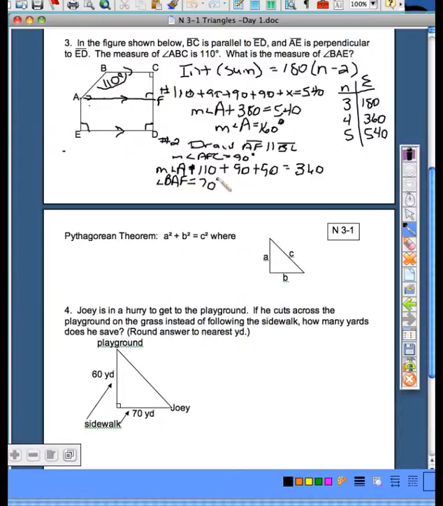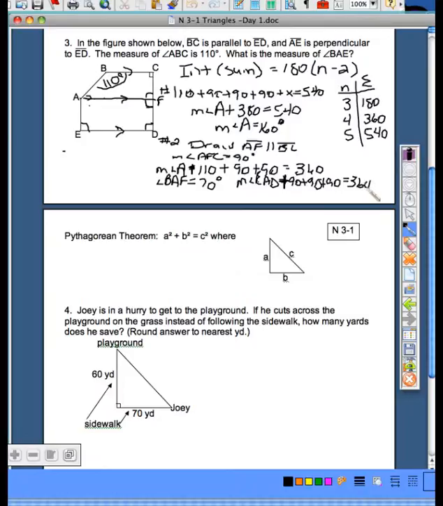Then we have to find this part of the angle, which if this is 90, then so is this. So again, we have a quadrilateral. So we have the measure of angle EAD plus 90 plus 90 plus 90 is equal to 360.